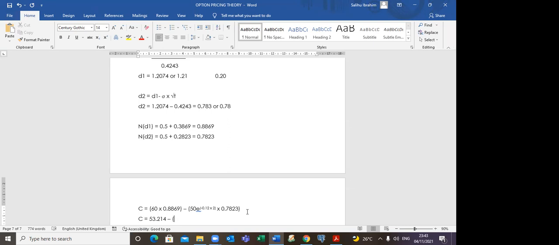Okay. So in exponential, put your distance as minus. Don't forget your bracket too. Open bracket, minus 0.12 times 2, close the bracket.